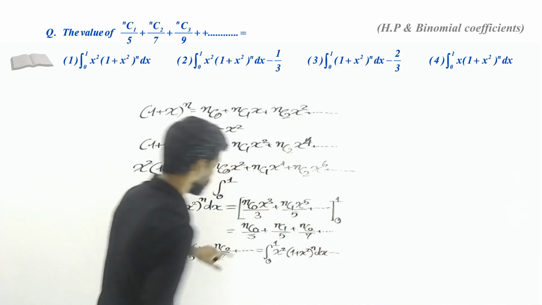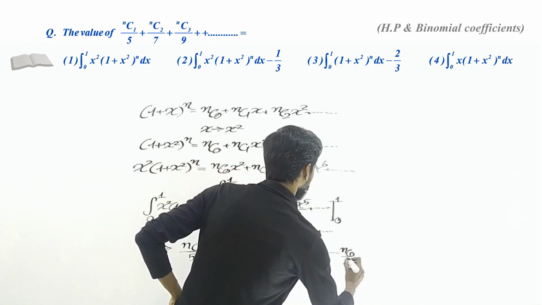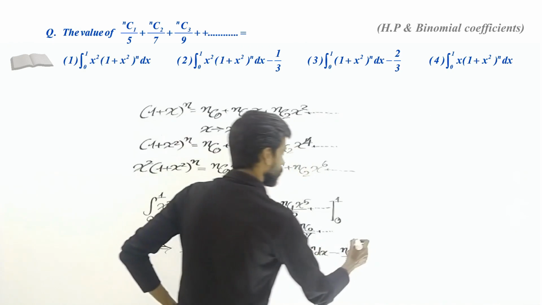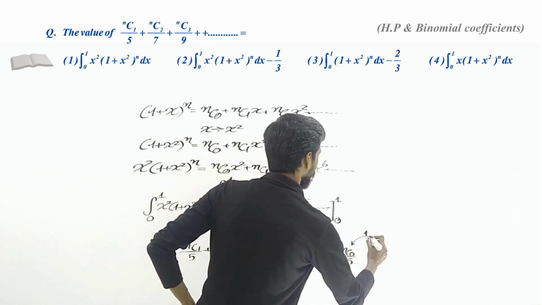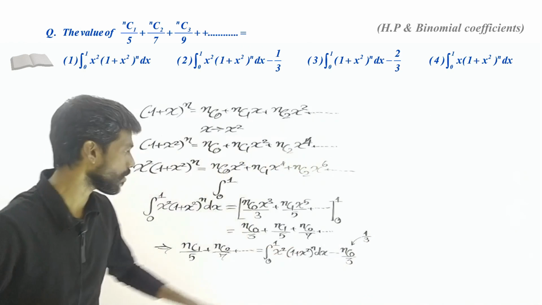From that you subtract this term, nc0 divided by 3, which is just 1 by 3. So this integration minus 1 by 3 is our required answer.